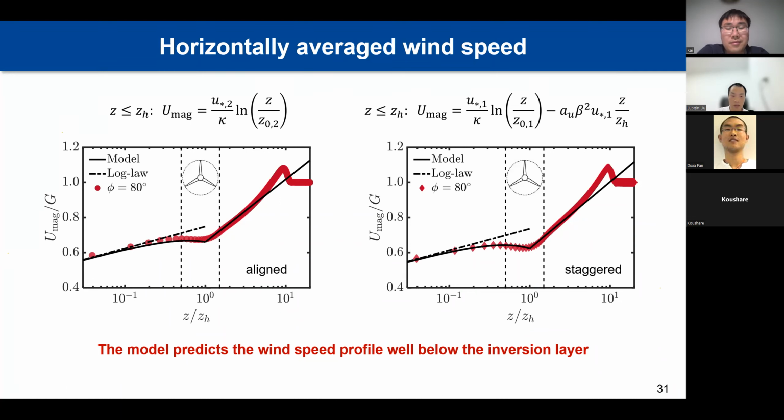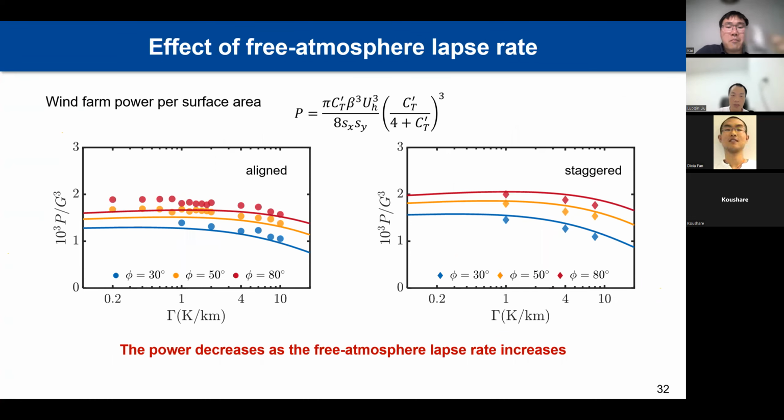So with the wind speed predicted well, we can use this model to study various effects on the wind farm power output. Here we show the effect of the free atmosphere lapse rate on the wind farm power output, and the power output is calculated using this formula.